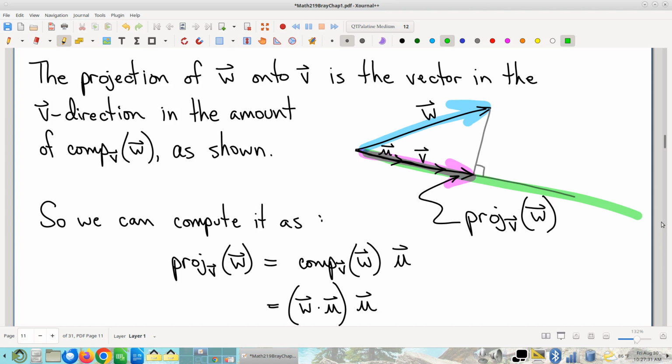Very, very similar little setup. Big difference, though, this thing that we're talking about now, what we're going to call the projection, is the vector. You might say represented by that side of the triangle, not the scalar, the vector.